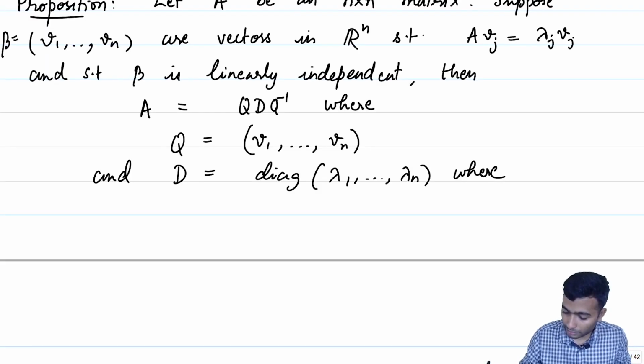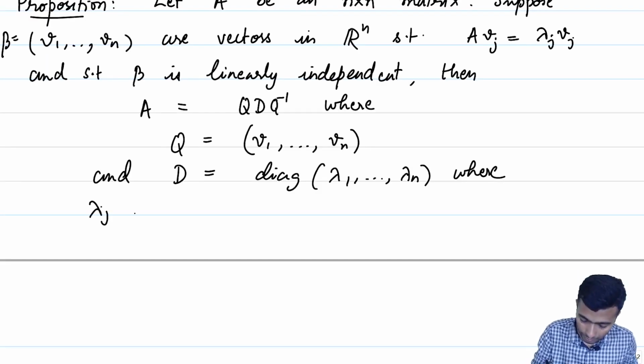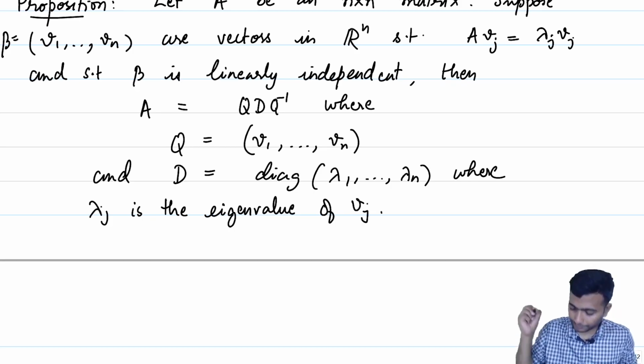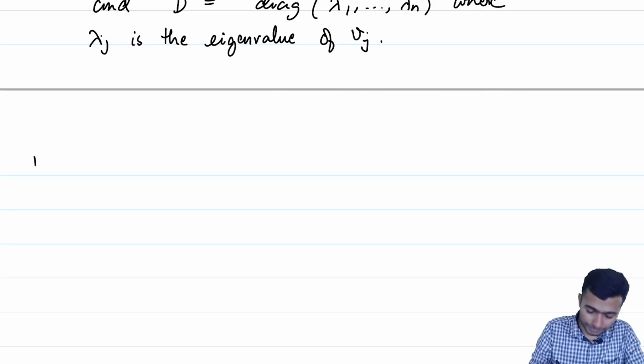So, we can very explicitly compute the eigenvalue of Vj. Okay, let us give a proof of this.